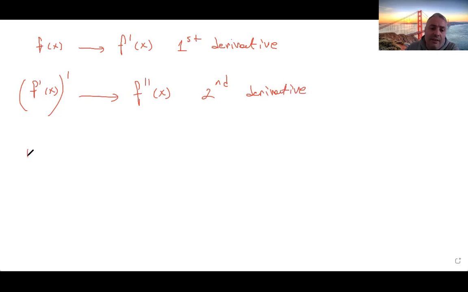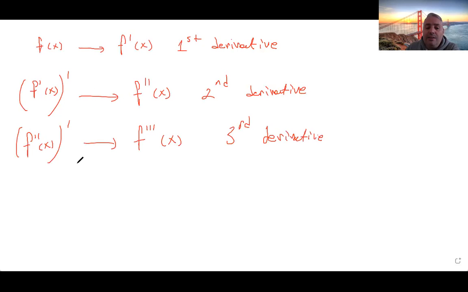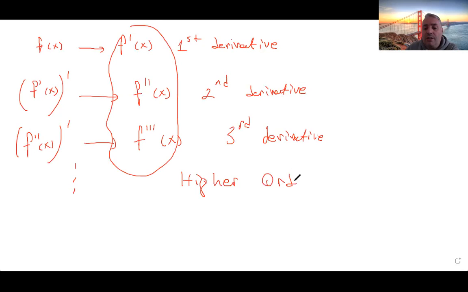If we take the derivative of the second derivative, we will have the third derivative. So we will call it the third derivative, okay? And so on. So these are called higher order derivatives.